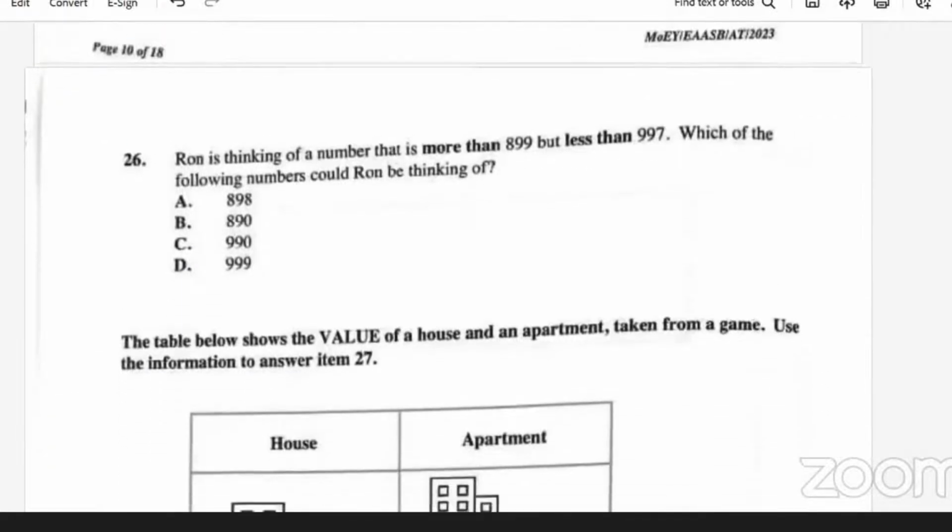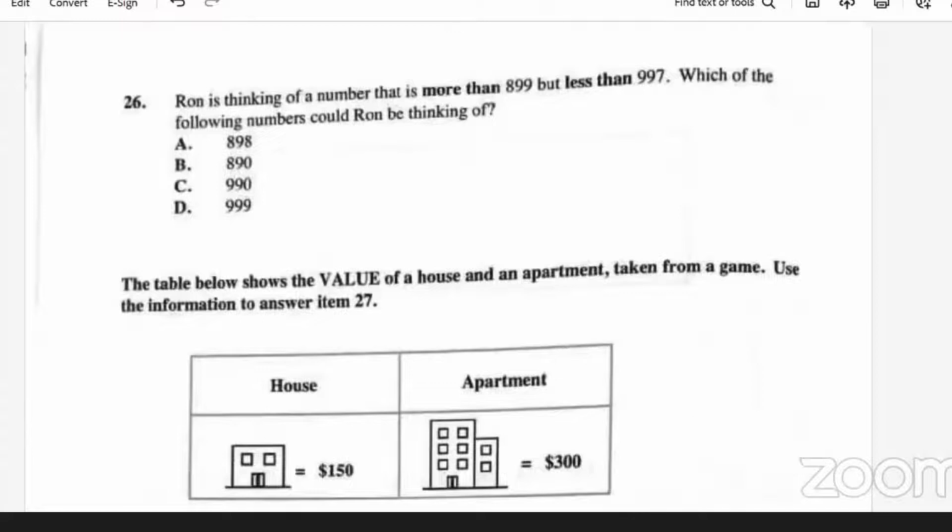All right, question 26. It's all about numbers and getting clues. Ron is thinking of a number that is more than 899 but less than 997. Which of the following numbers could Ron be thinking of? It's more than 899, so it could not be 898, could not be 890.